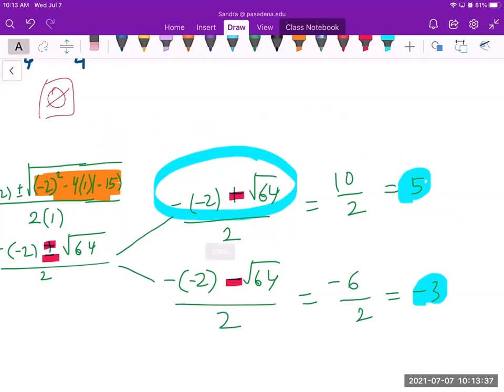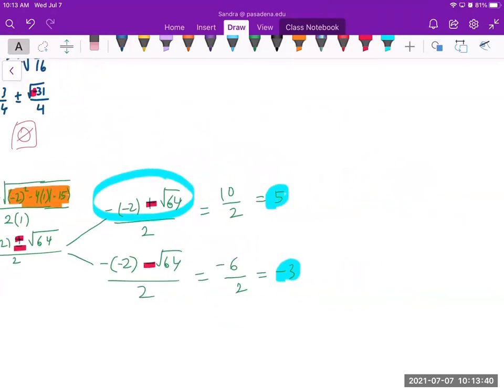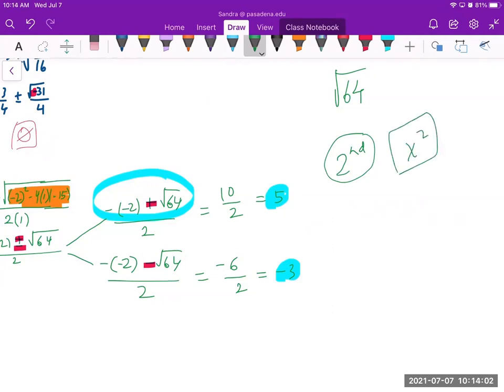Some calculators can simplify radicals and some cannot. For the square root of 64 in your calculator, if you're struggling, you press the second key, then the x squared key, then input the 64 and press the equal sign, and that should give you 8. Or you can do it in your head. The square root of 64 is 8.